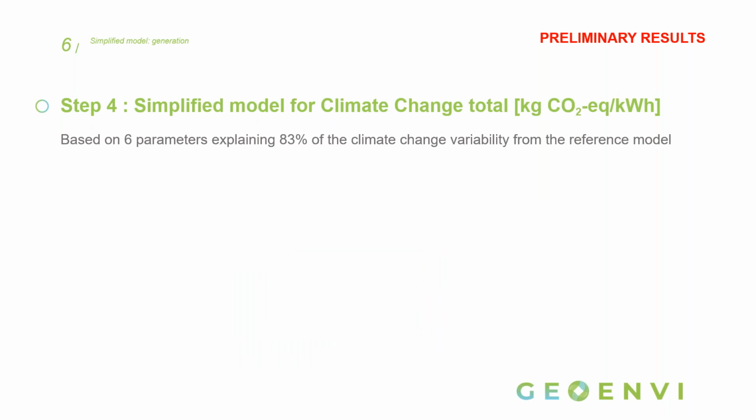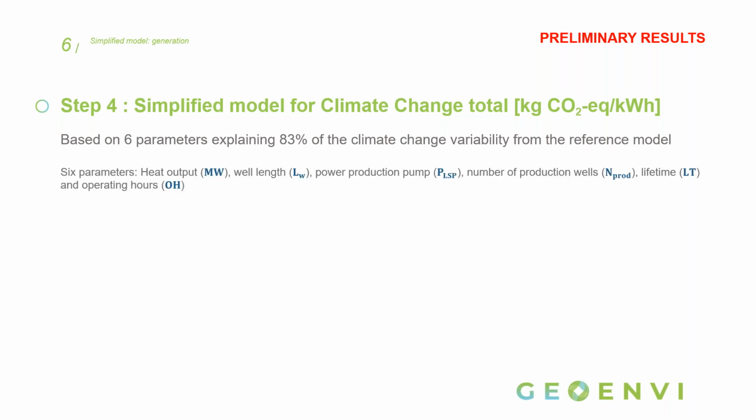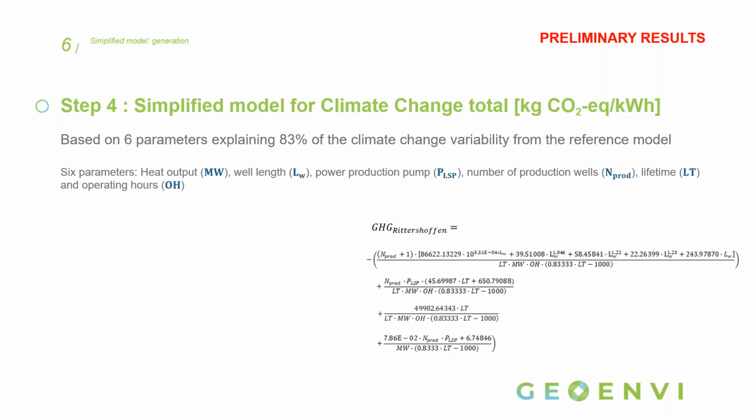And these 6 parameters explain 83% of the climate change variability from the reference model. And again, to recap, the 6 parameters are the heat output, the well length, the power of the production pump, the number of production wells, the lifetime of the plant, and the operating hours. And the model looks something like that.